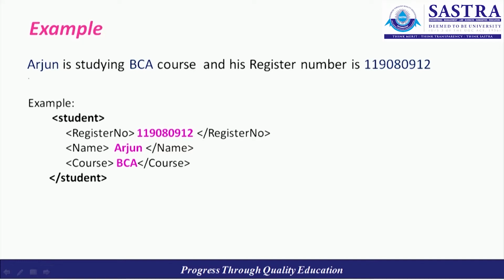This is a statement: Arjun is studying the BCA course and his register number is 1190809112. This is the information. How am I making this information into an XML document? This is purely from the user perspective.